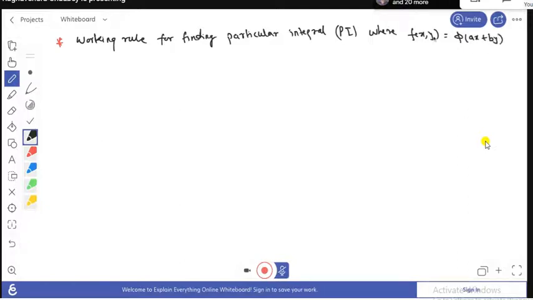Suppose this function is a linear combination, meaning a linear combination of x and y in this form, or it could be exponential, logarithmic, or any polynomial in this form.